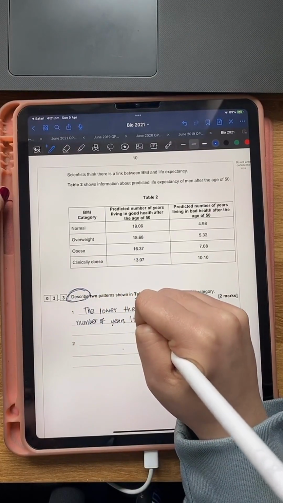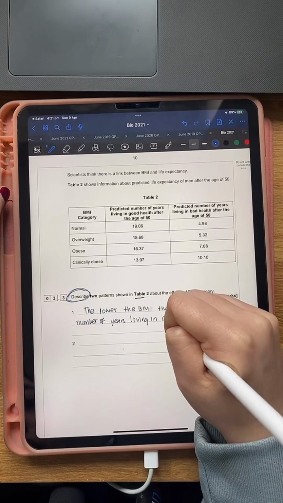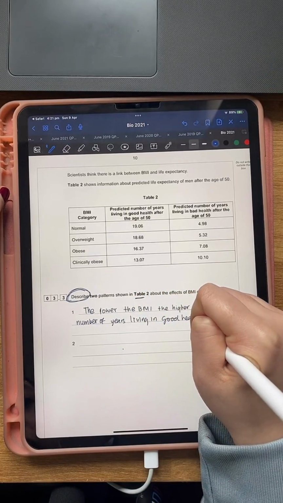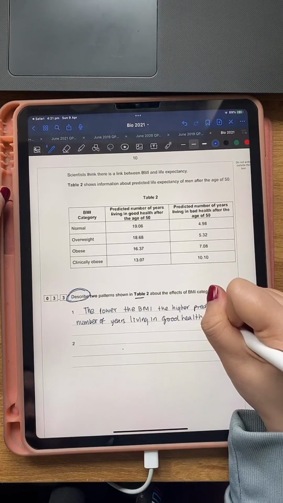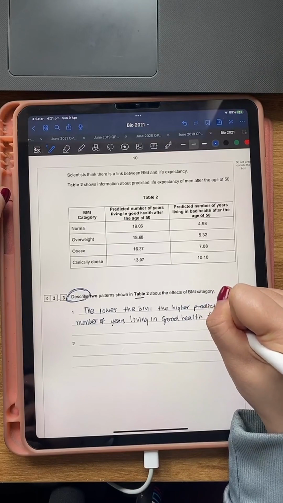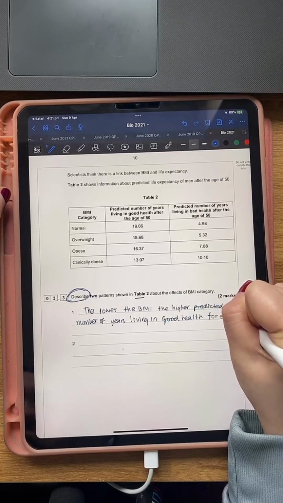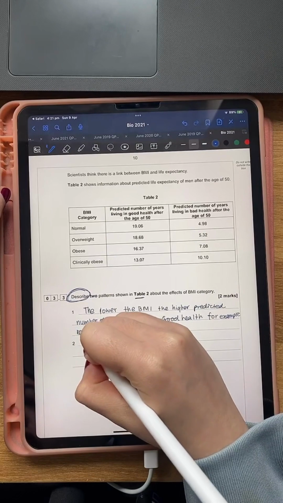For example, normal is 19.06, which is bigger than the rest.